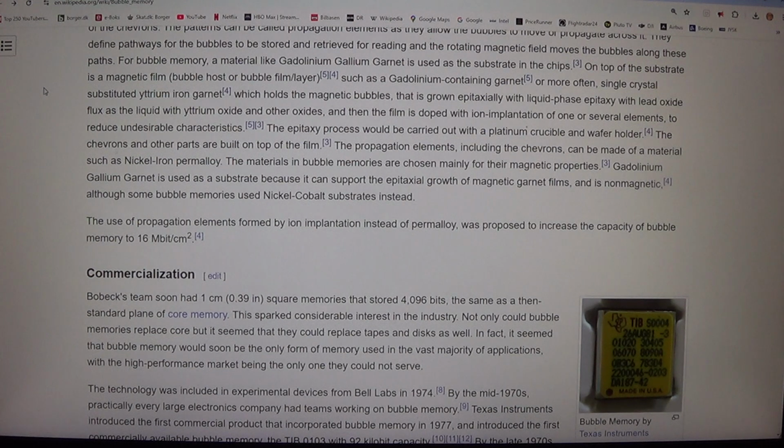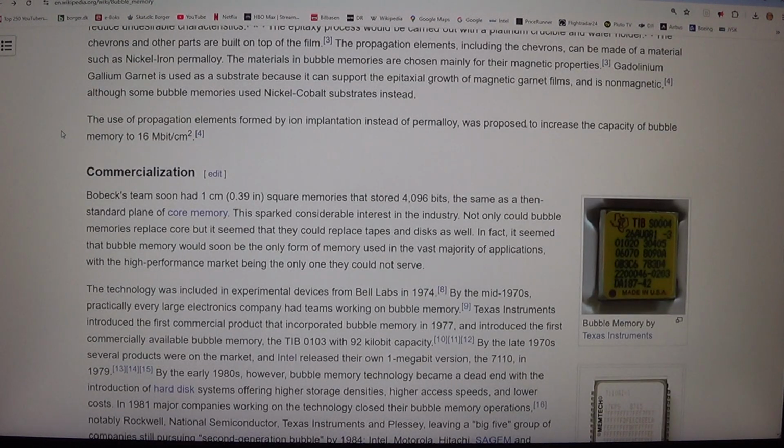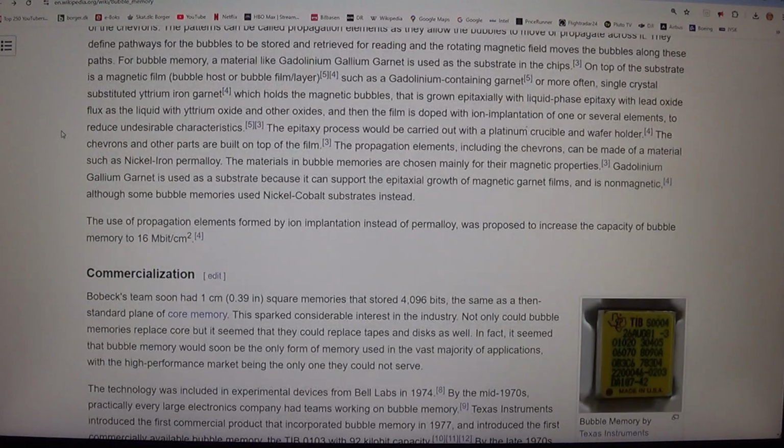It is grown epitaxially with liquid phase epitaxy with lead oxide flux as the liquid with yttrium oxide and other oxides, and then the film is doped with ion implantation of one or several elements, to reduce undesirable characteristics. The epitaxy process would be carried out with a platinum crucible and wafer holder.